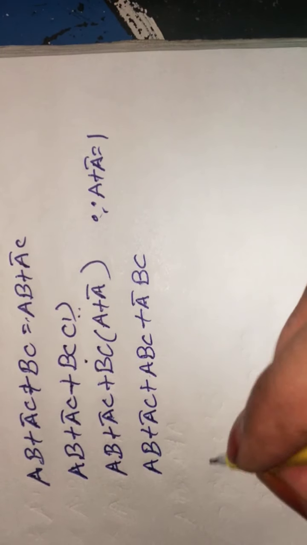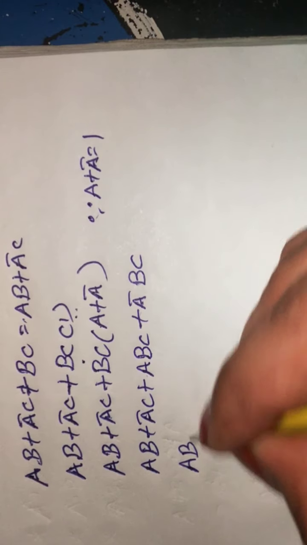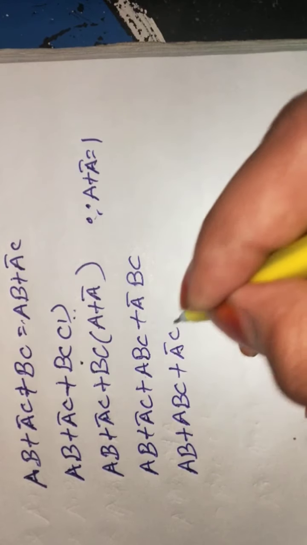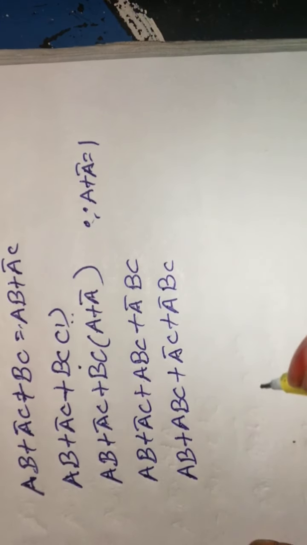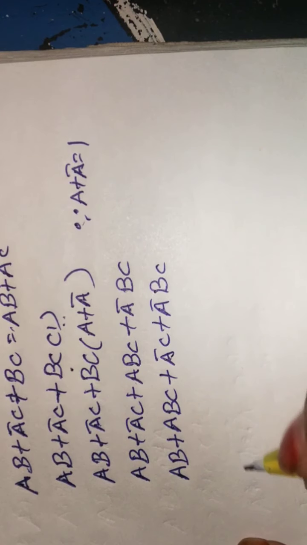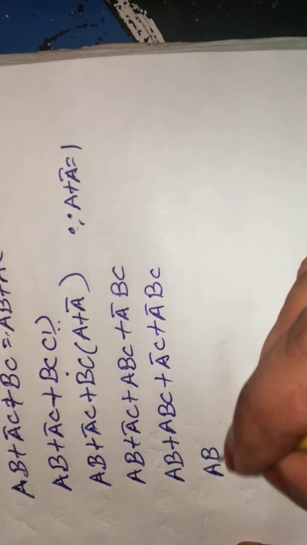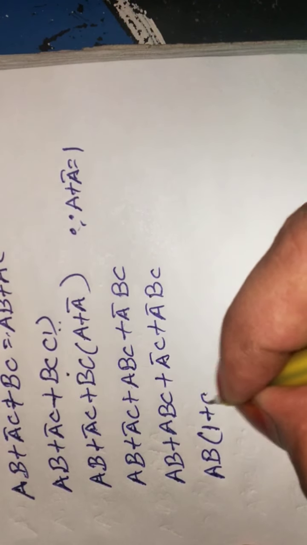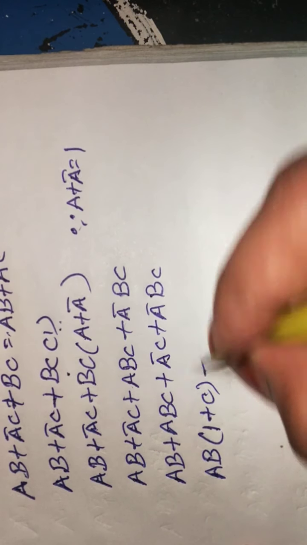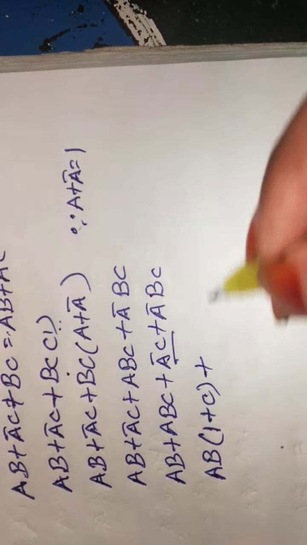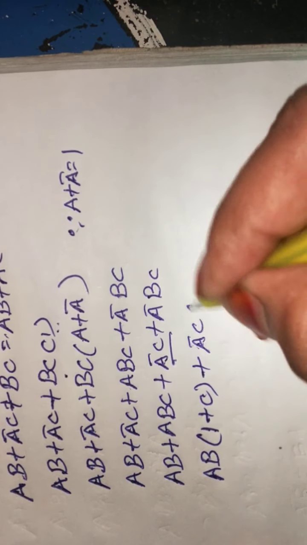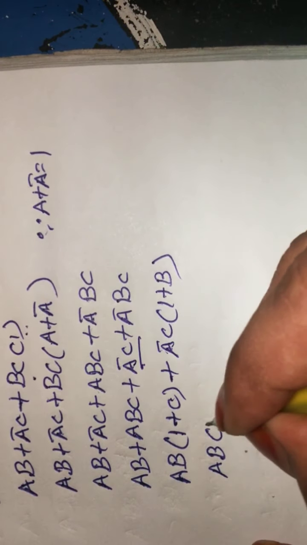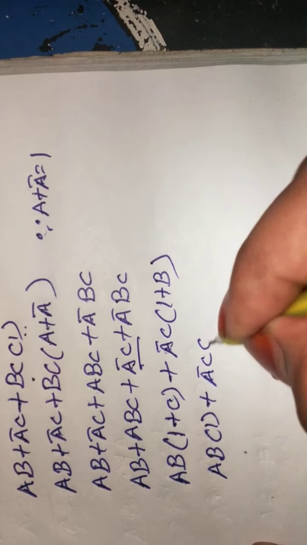Here we take normal variables one side and complement variables another side. Then now common AB from first two terms, then we write 1 plus C, plus here we take common A bar C into 1 plus B. AB into 1 plus A bar C into 1.